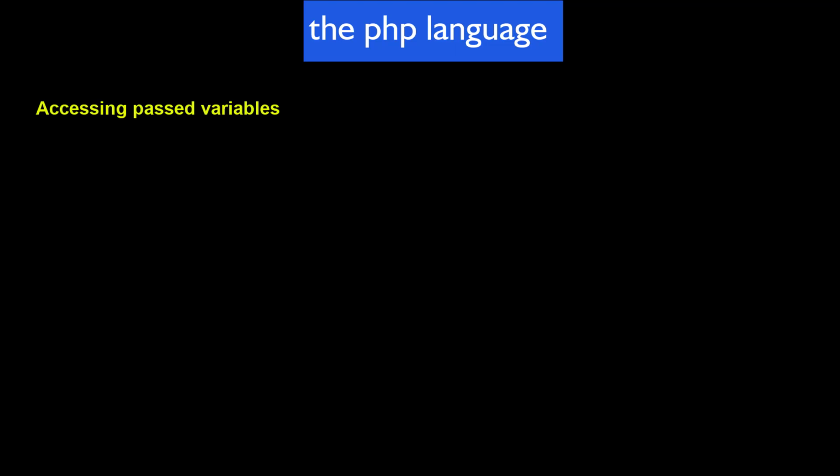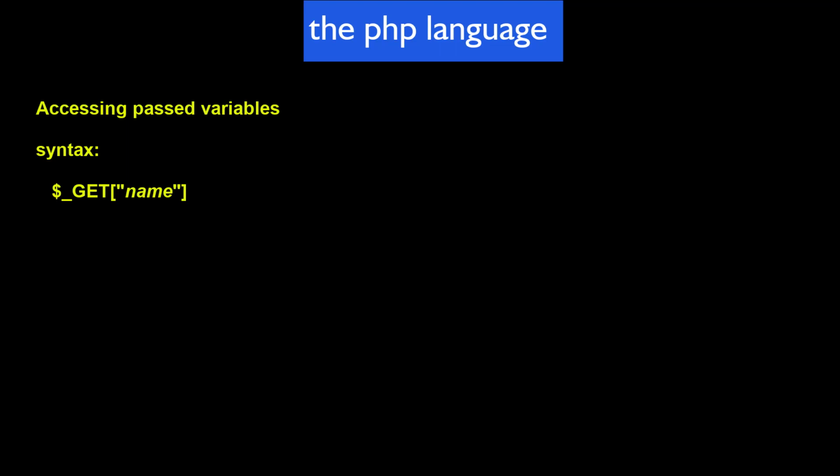Accessing past variables. To get a value for an entry in the query string, that is, the variables that were put in the form, PHP is designed so that variables are accessed by using this syntax: $_GET, bracket, and in quotes, name, close quote, close bracket.